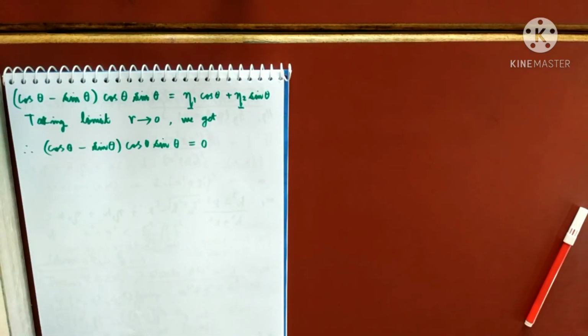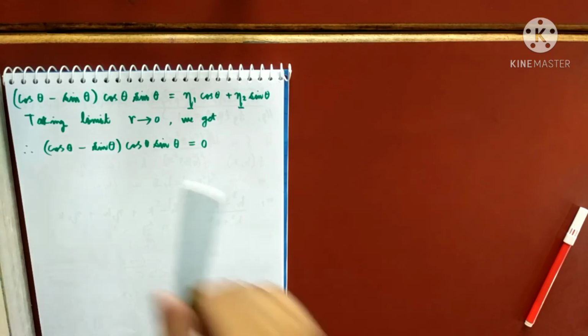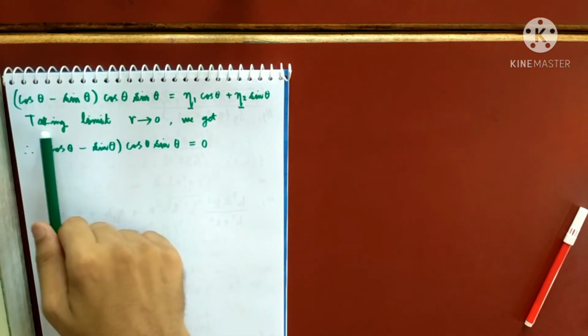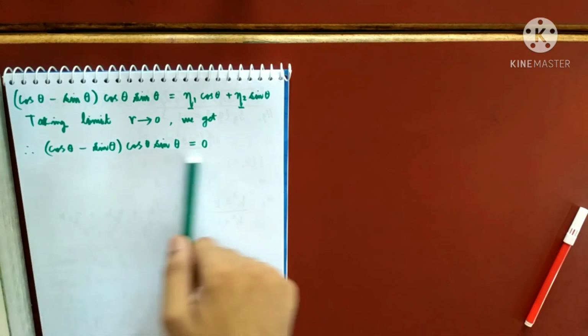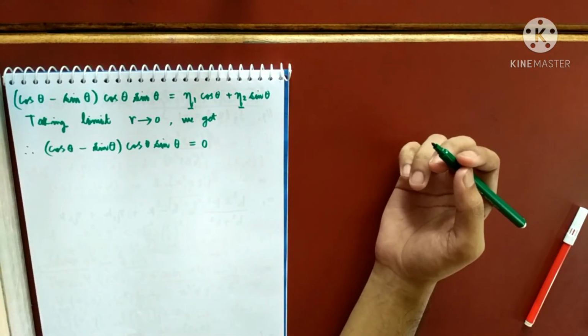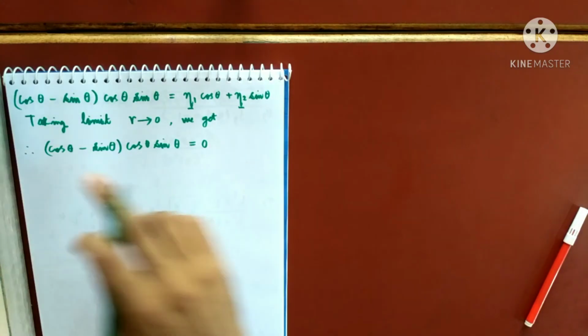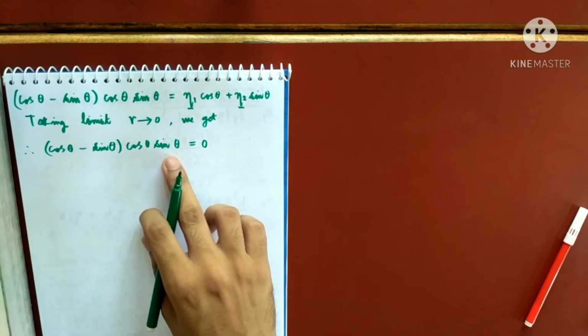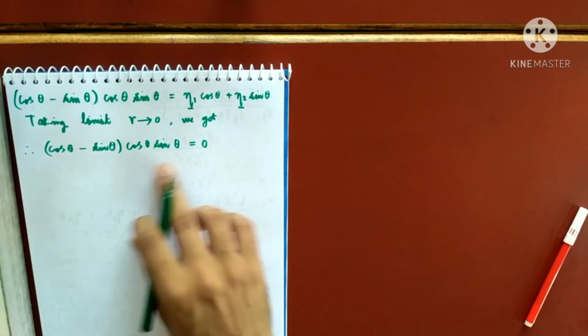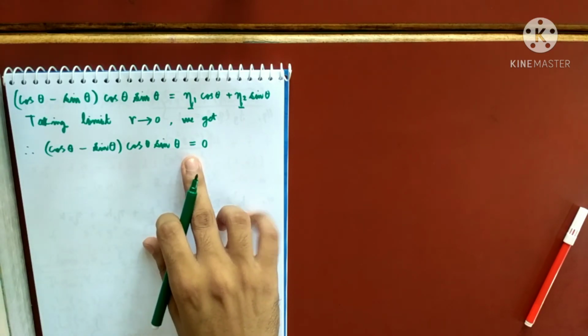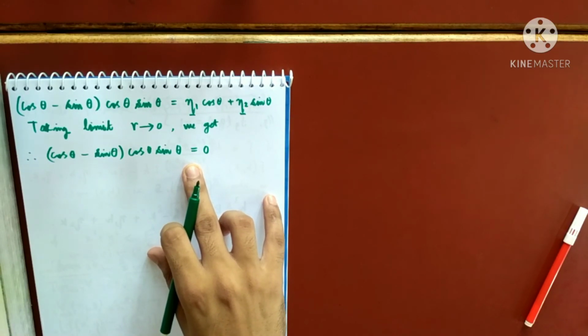That means eventually, for the function to be differentiable, this quantity should be 0. Now theta was arbitrary, so whatever theta you choose, this should be 0. But that is not at all true. Suppose you choose theta equals pi by 6, this will not be 0. That means we have led to a contradiction.